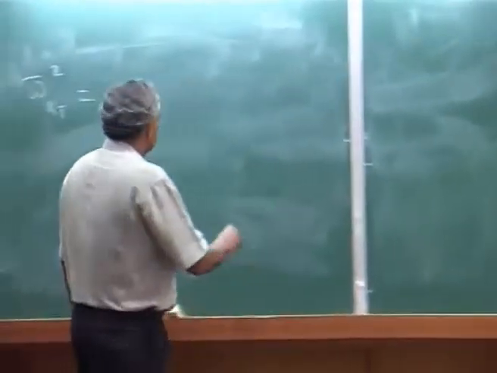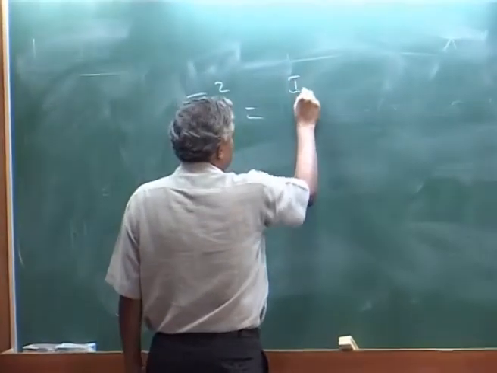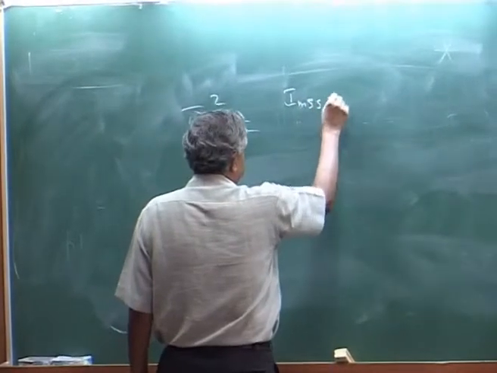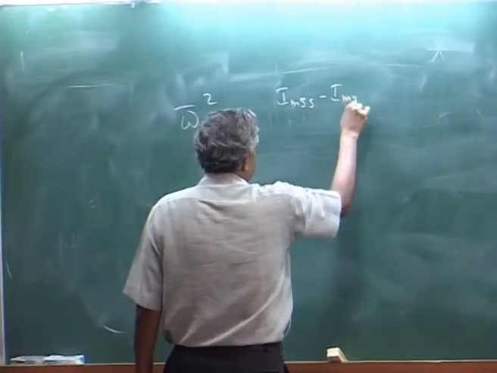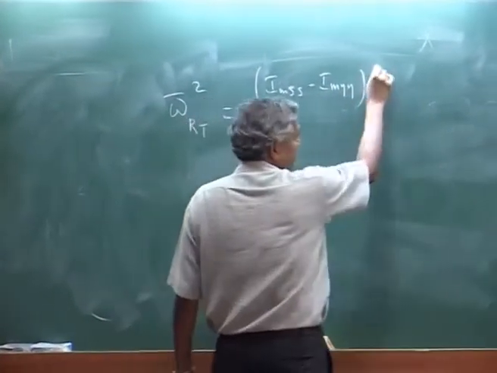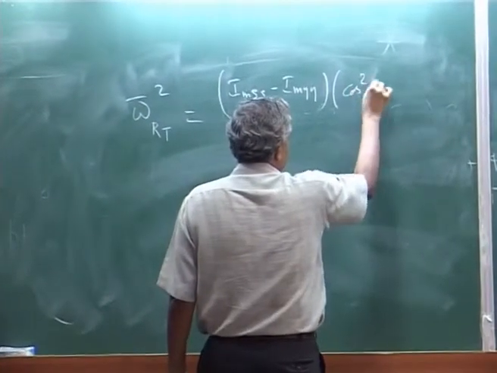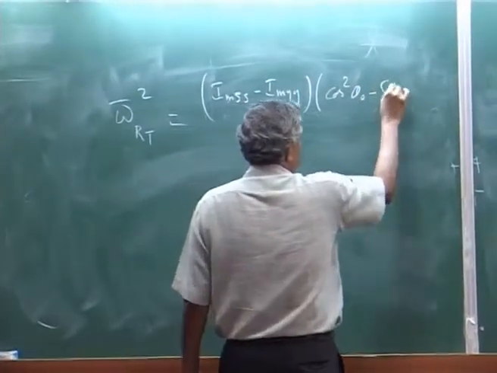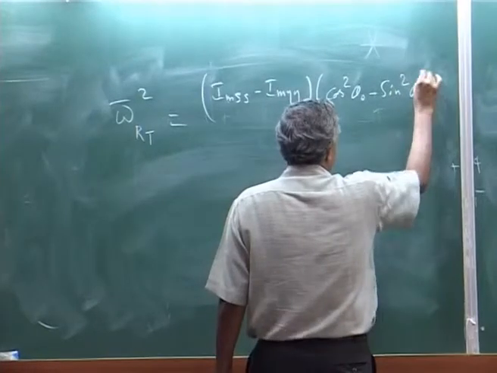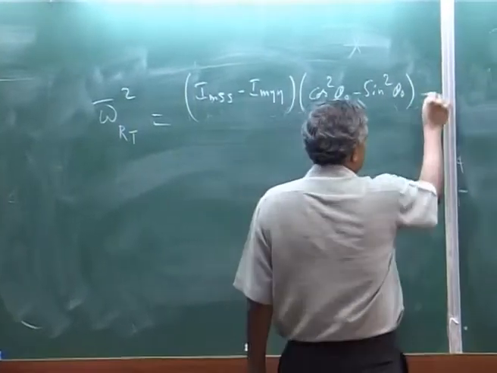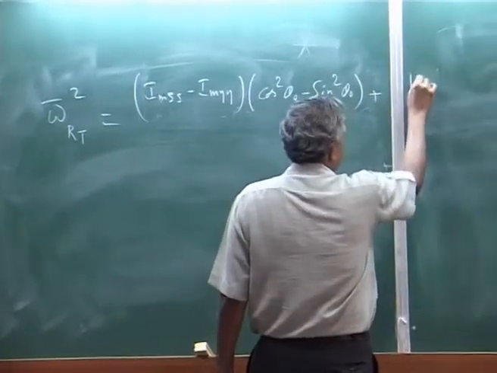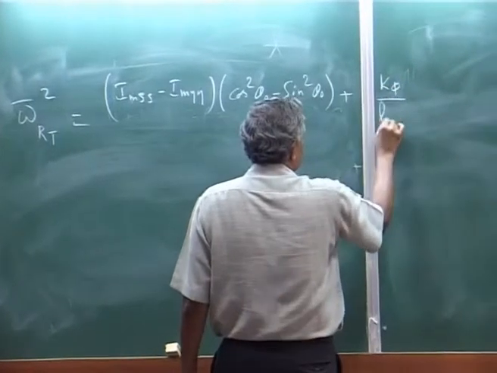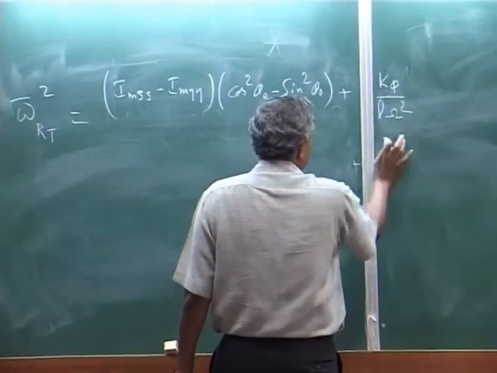Okay. So you will have Im eta eta cosine square minus plus Kphi L omega square.